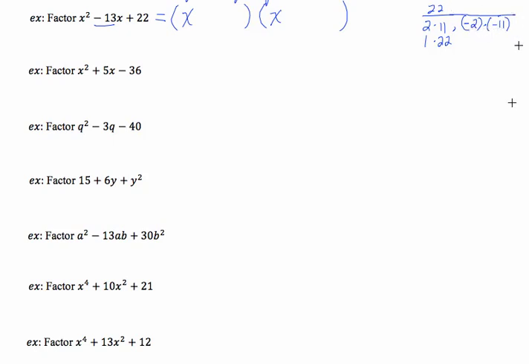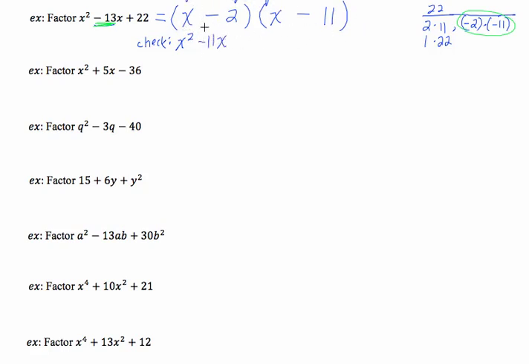Because they're both negative, the negatives cancel when we multiply, and we still get positive 22. Now this is the one that's going to work because negative 2 plus negative 11 is negative 13. So let's go with negative 2 and negative 11. And if we FOIL this out, we'll have x times x is x squared. This is just my scratch work here, checking. First we do the first two terms, then the outside terms. X times negative 11 is negative 11x.